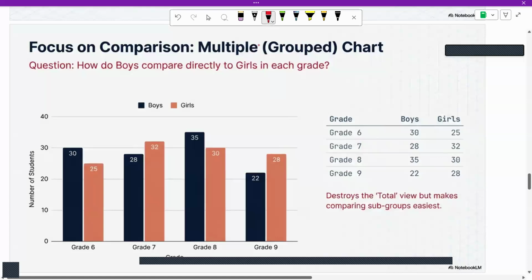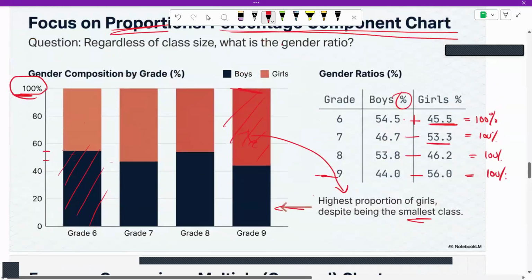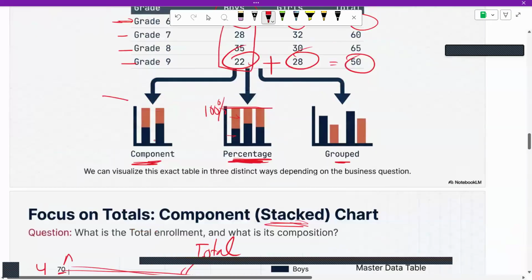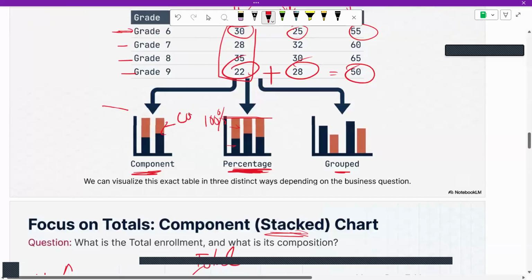Now we look at the multiple or group chart. Earlier, the graphs were like this: a count meter, a proportion meter. Here it's grouped: male, female for grade 6 and grade 7.